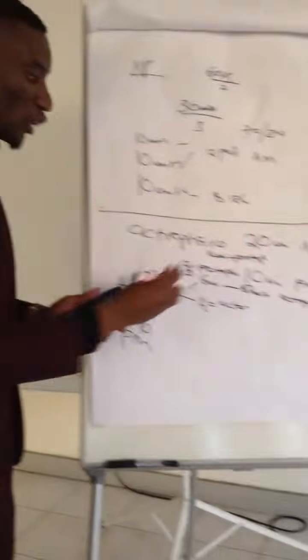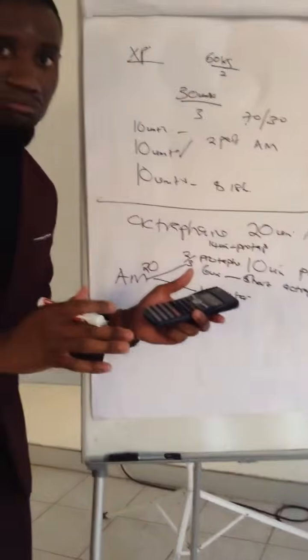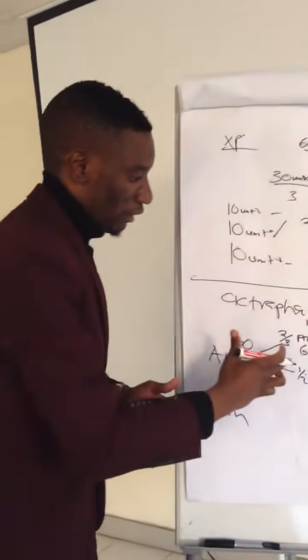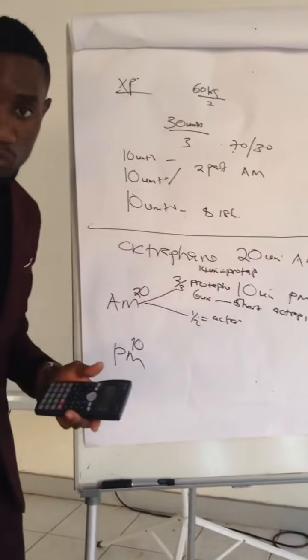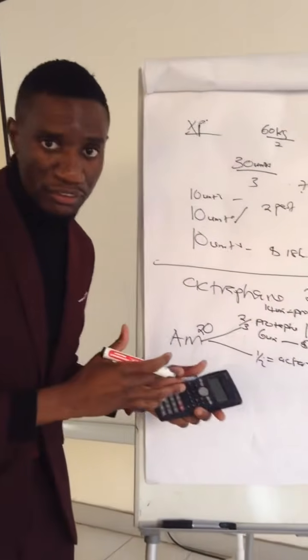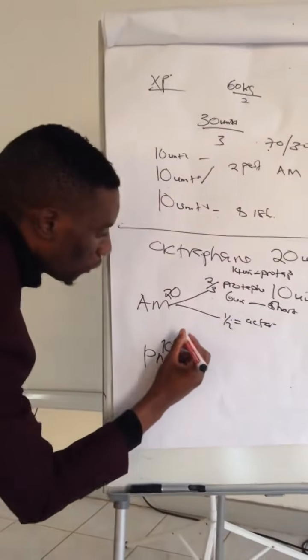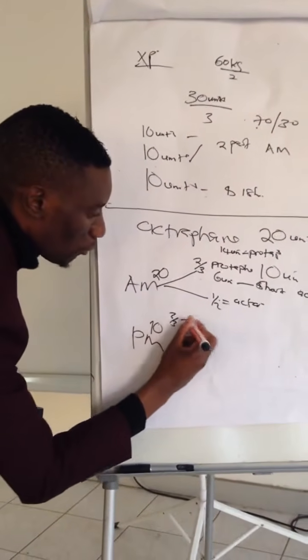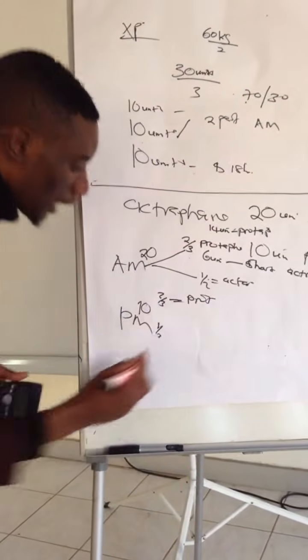So I said 2/3 is Protofen, which is intermediate acting. Then 1/3 of the dose in the morning will be short acting, which is Actrapid for this patient. Then the same thing happens in the evening. In the evening, again you do your 2/3, which will be the Protofen, and 1/3 will be the Actrapid.